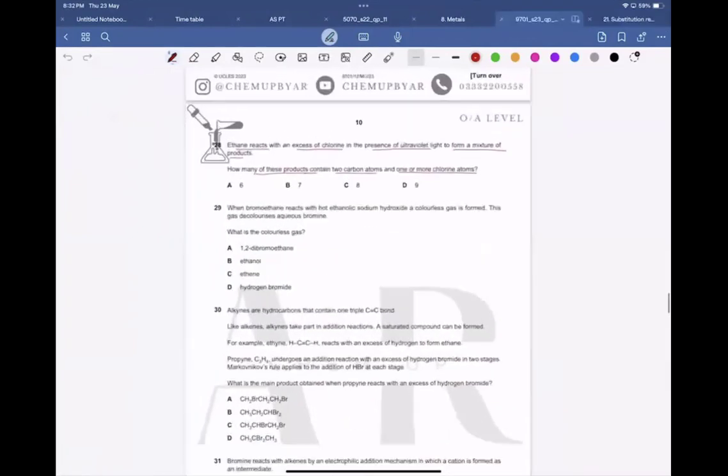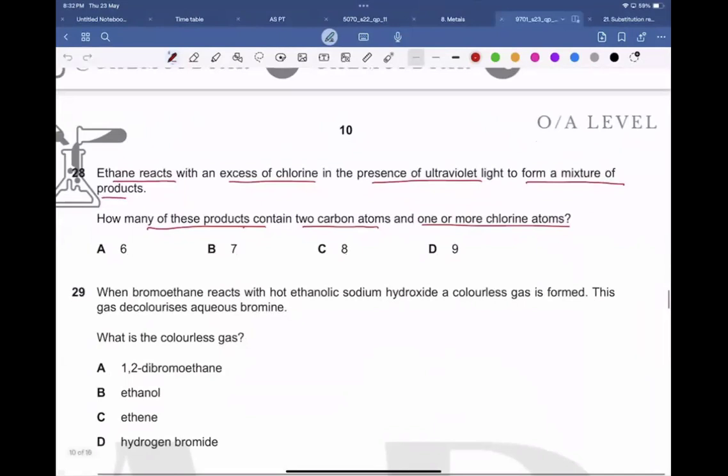Yes, it's about ethane, right? To form a mixture of products, how many of these contain 2 carbon atoms and 1 or more chlorine atoms?